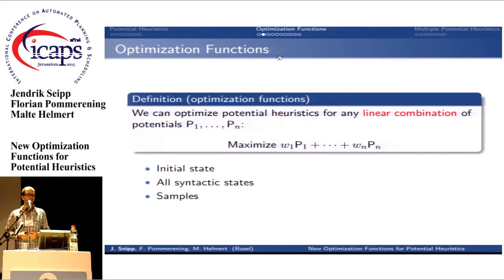We will present 3 of them here. Firstly, I will show how to optimize the heuristic values for the initial state. Then I will show you how to optimize the heuristic values for all syntactic states. And then we will see how to optimize heuristic values for a set of samples.